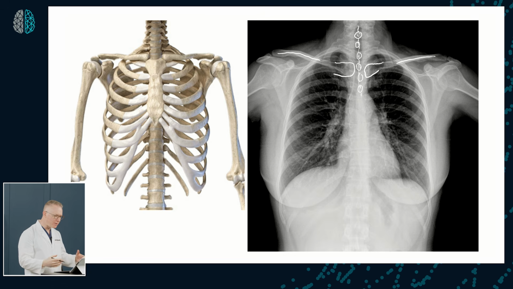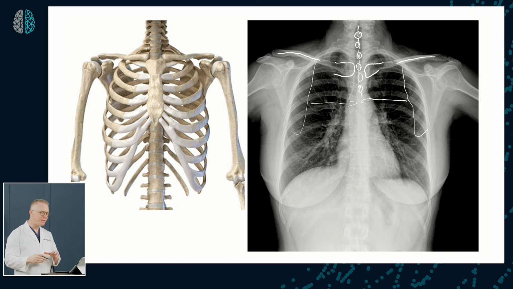The other thing that's important to recognize is that this patient's scapulae seem to be symmetrical and appear to be roughly the same distance from the thoracic spine. Both of those things become very important in assessing if there's a certain degree of rotation.